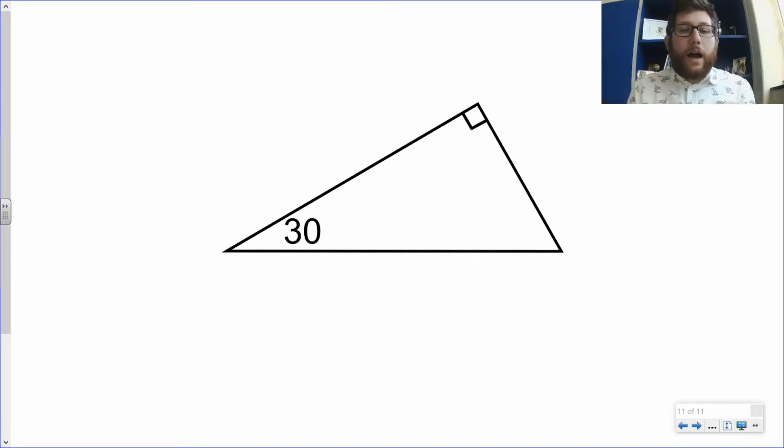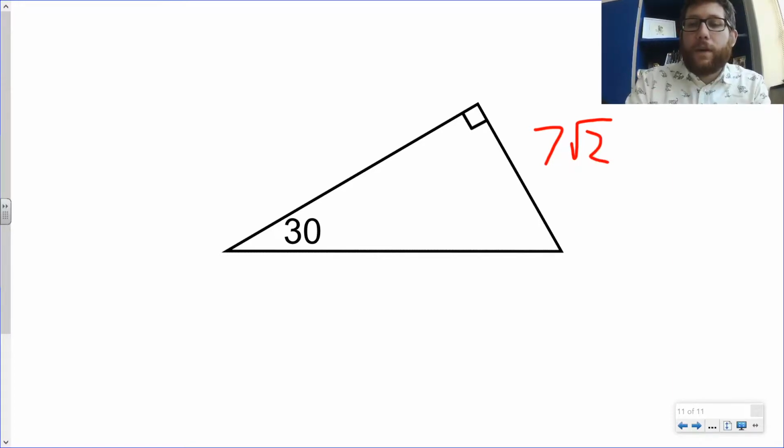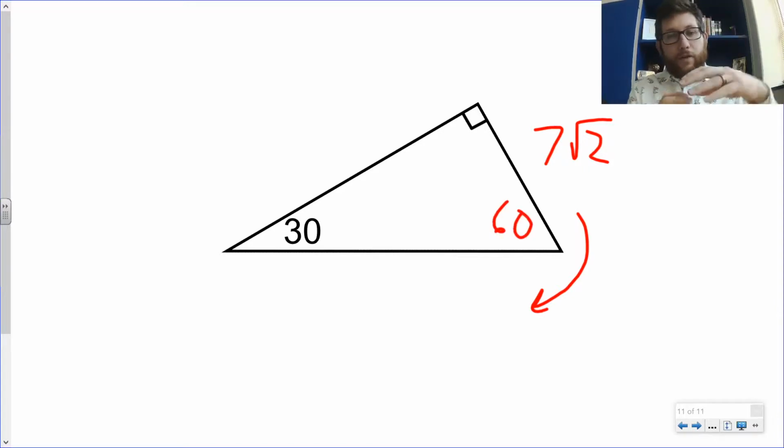All right, last one. Say I've got a 30, 60, 90 triangle here, and let's say, let's pick a good one here. We'll just keep it pretty simple. Let's say this is 7 root 2. Okay. Well, going to my hypotenuse, and again, keep track of, I know we've rotated the triangle here, but going to my hypotenuse, I'm going to double, right?